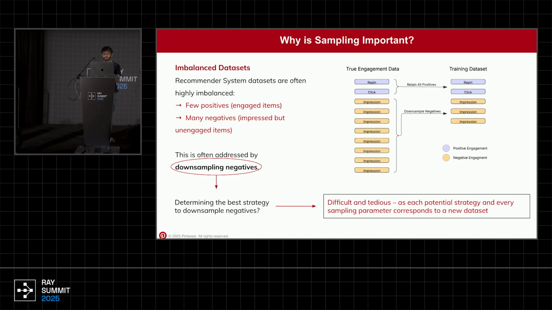But the problem is that iterating over such ideas is very difficult because this is different from, let's say, a pure modeling change where the data remains static, constant. In this case, every single change to any sampling parameter corresponds to a new dataset. Constructing and managing which is difficult.